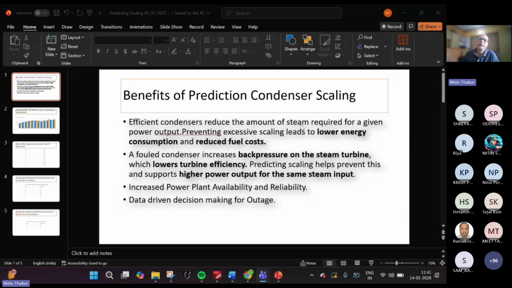What I was seeing was that there is more of an overview of how AI is applied to chemical engineering. And my topic was mainly on discussing the benefit of using AI for condenser scaling.